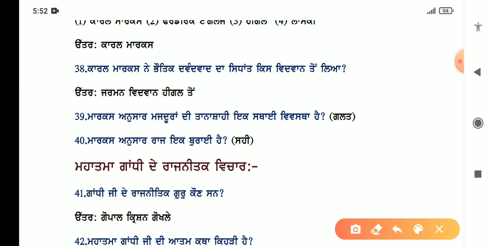According to Marx, dictatorship of the proletariat is a permanent situation. Wrong. It is not permanent. It will also end.